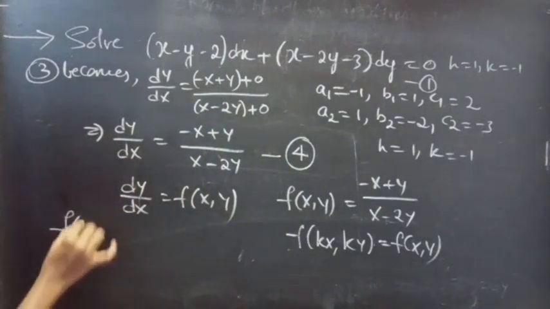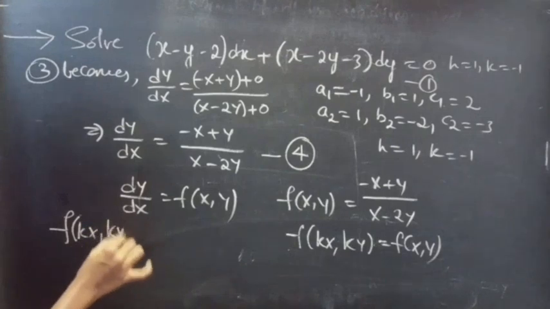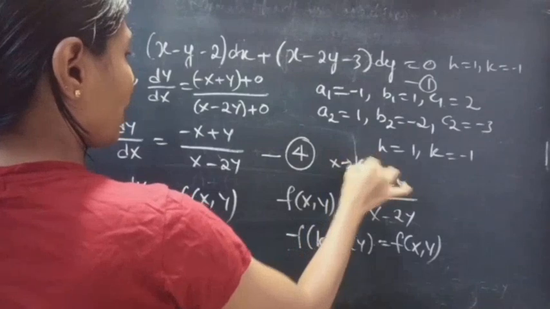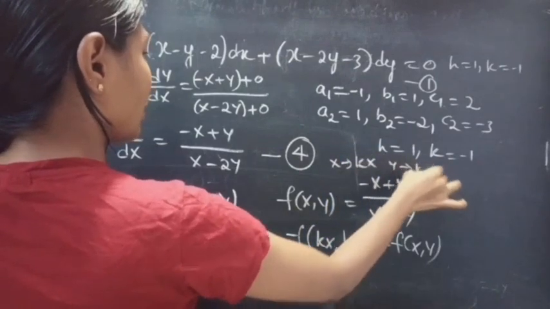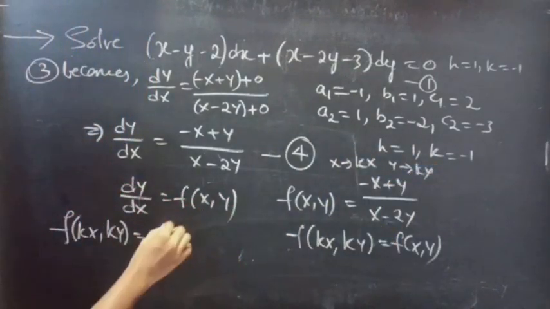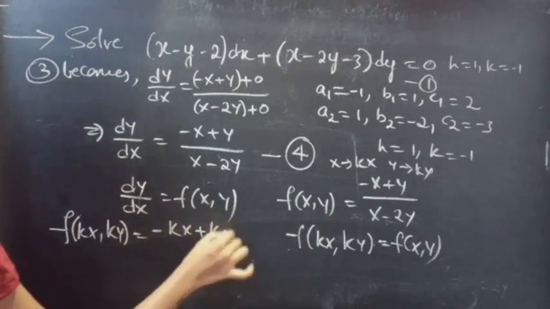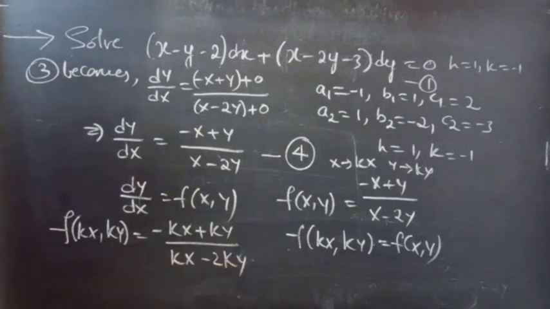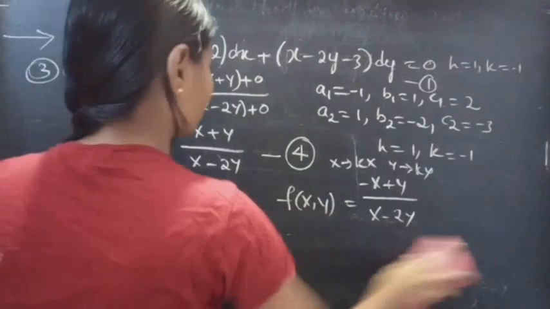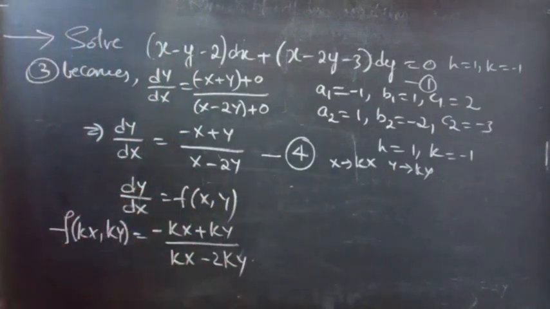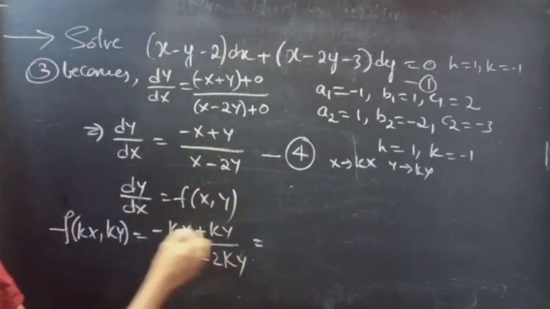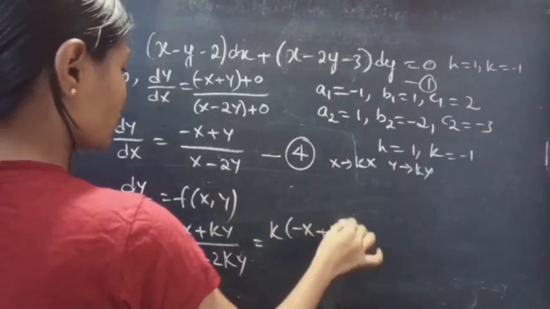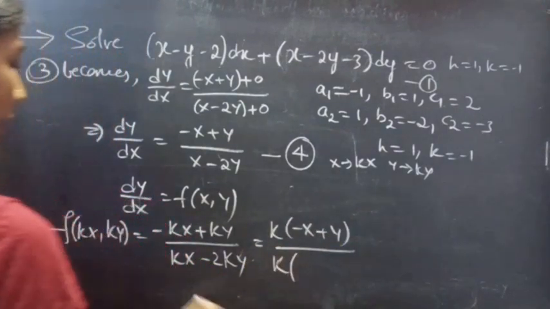Now let's find f of kx, ky. Simply replace x by kx and y by ky in f of x, y, then you'll get minus kx plus ky by kx minus 2ky. This equals, taking k common from the numerator and the denominator, k times minus x plus y by k times x minus 2y.